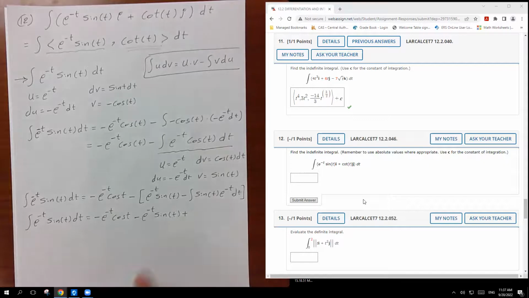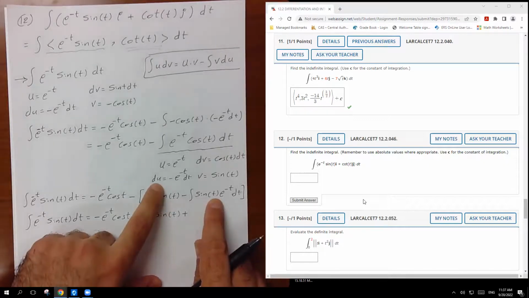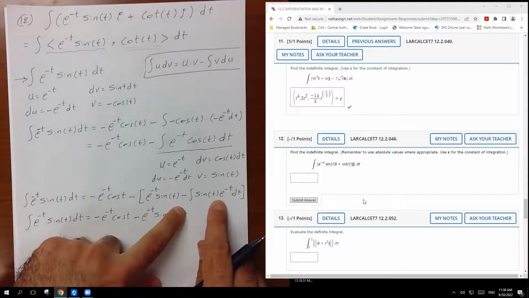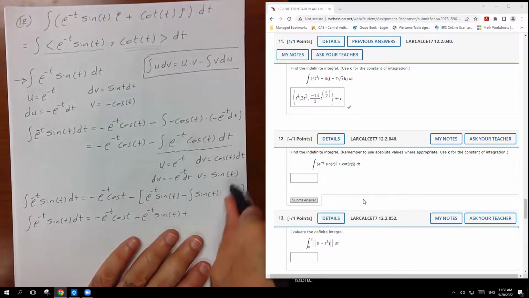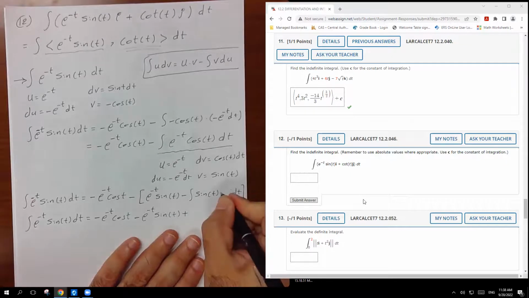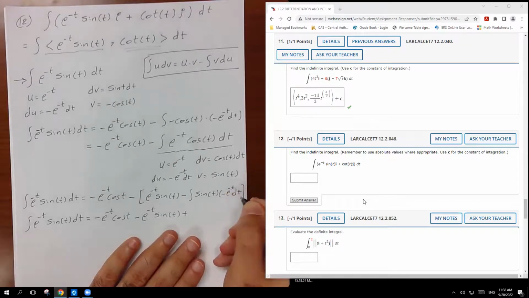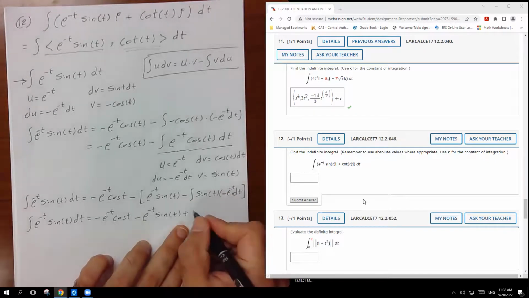Are we missing a sign? The du with the negative sign, yes. We're missing the negative sign here with the u, which is negative e to the negative t dt. That means negative here is going to be plus.